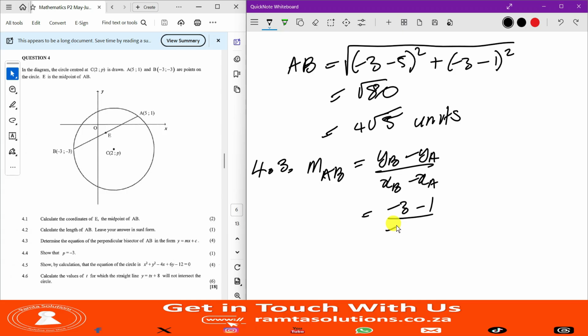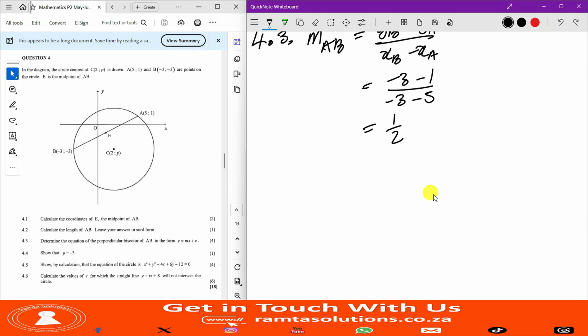X of B is minus 3, and x of A is 5. So what do we have here? Minus 3 over minus 8. Guys, what is this? Oh, this is half. This is positive half.